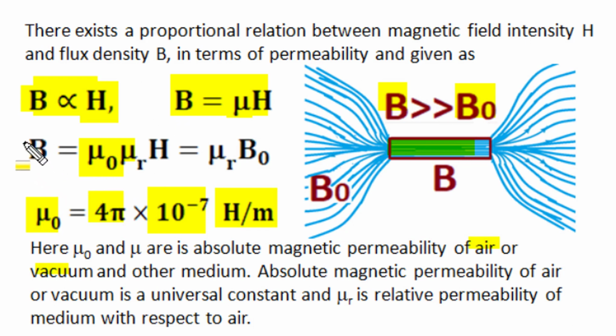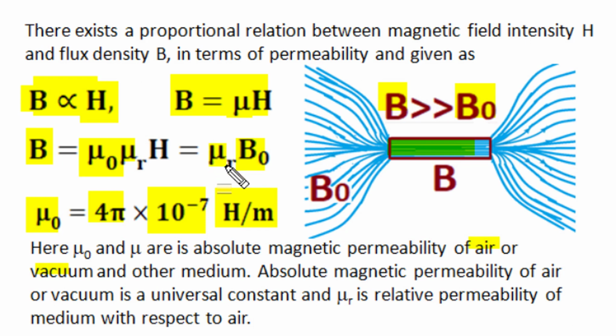And if we rewrite this relation of magnetic induction in terms of applied magnetic field intensity, mu 0 mu r H, as mu r times mu 0 H, then this mu 0 H becomes magnetic induction in air, and magnetic induction in iron core will become mu r times magnetic induction in air.